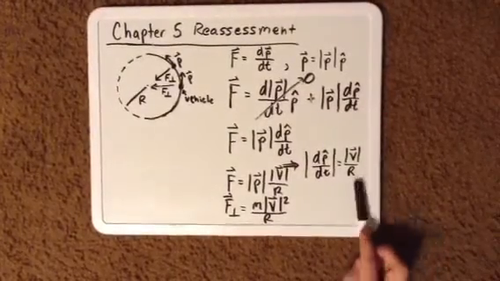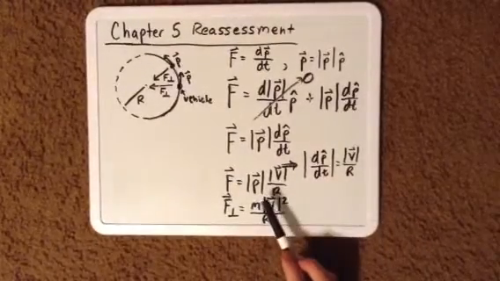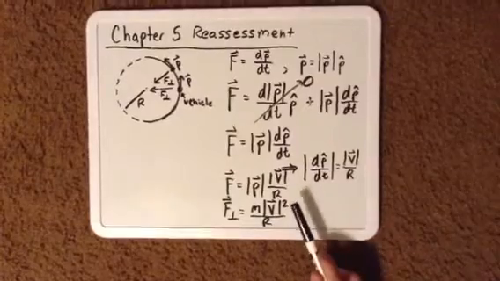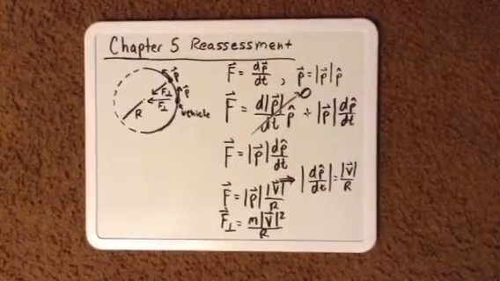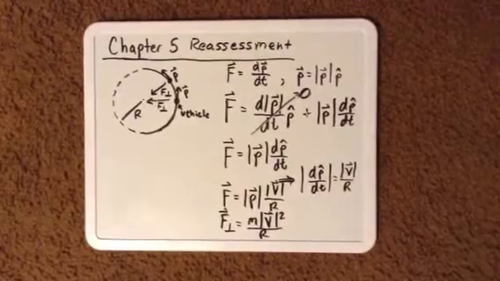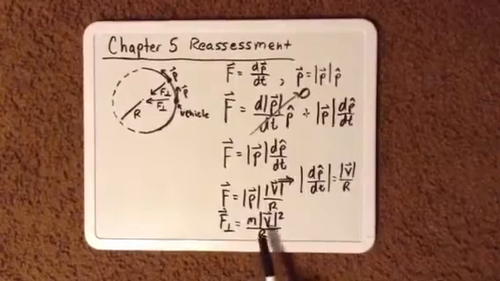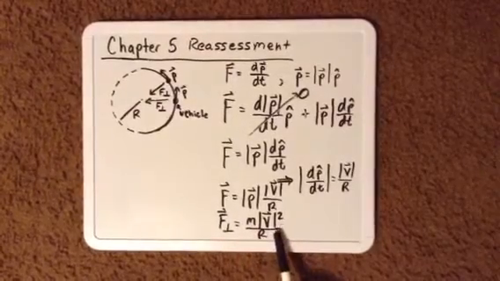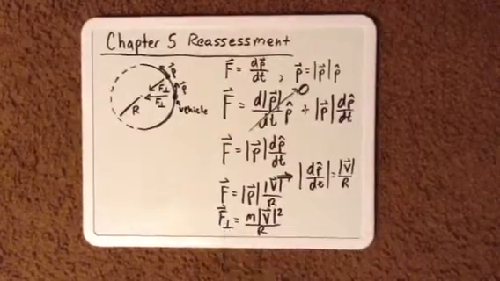So we put that into our formula for force, and we get the magnitude of momentum times the magnitude of velocity over r. And we know that momentum is roughly mv. So plugging that in, we get m times the magnitude of velocity squared all over r, and that's the perpendicular force.